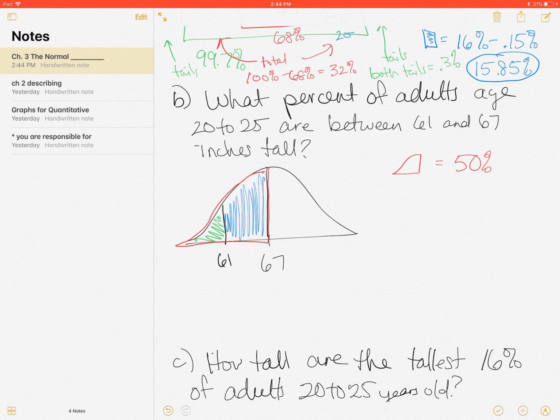So let's remember, 61 to 67, that's a total of 6, or in this case, 2 standard deviations. Well, 2 standard deviations either direction would be 95%. Oh, we didn't even have to do that part. So let's finish what we did, and then I'll show you another way to do this.